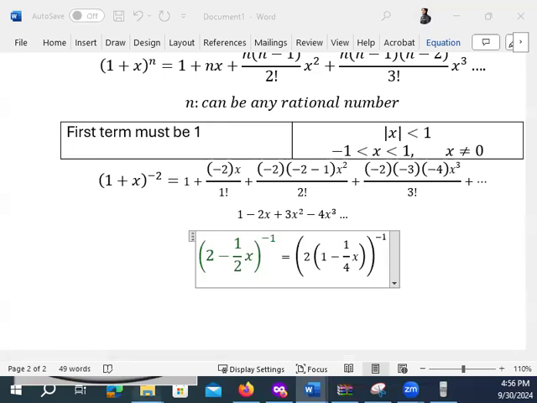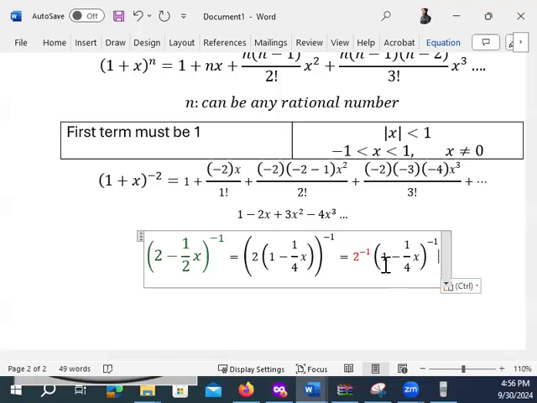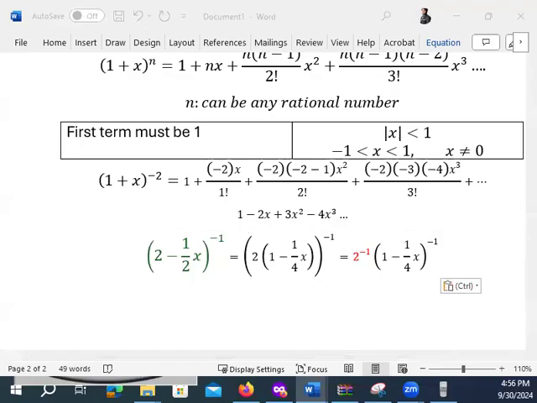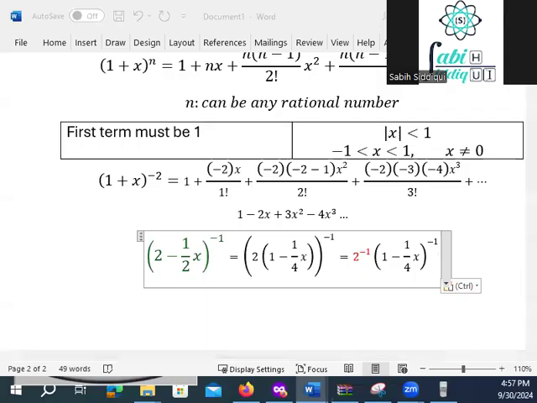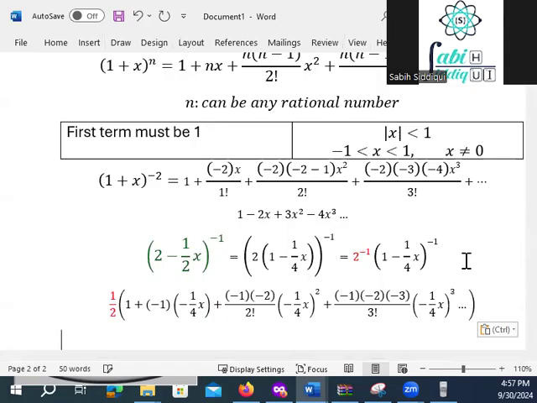Can I just say that ये लिख सकता हूँ उसको मैं? 2 to the power -1 is 1/2. Okay, so now we can just expand the part we need to and we'll multiply the entire answer by 1/2. Obviously, we cannot expand until the first term is 1. Expansion valid नहीं है.